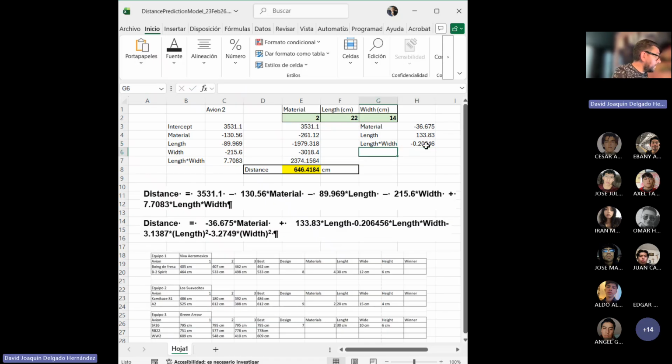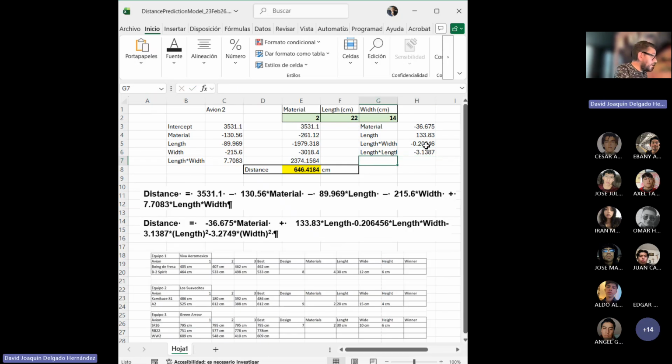Then the following, it will be length, but this is to the second power. So we could put length times length, which is exactly the same. And the coefficient here is minus 3.1387.